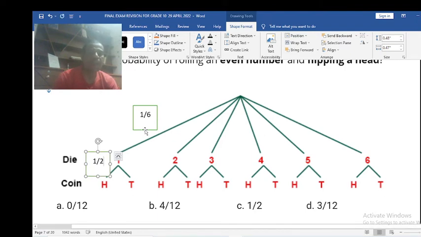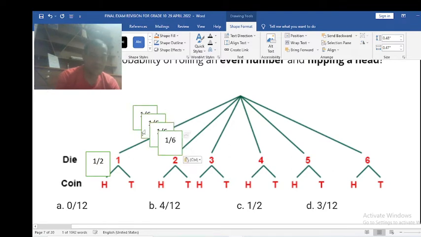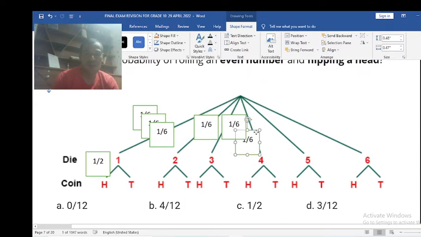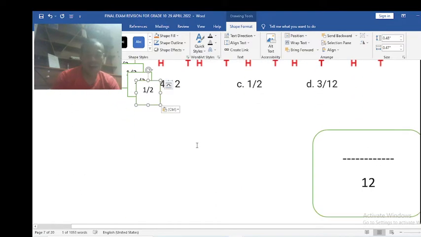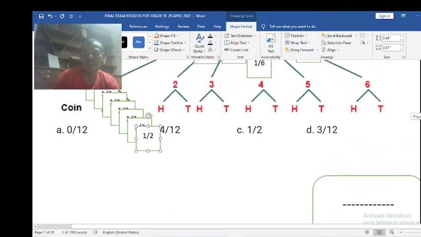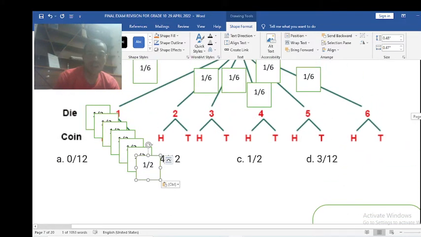For the second, this is 1/6, this is also 1/6, the probability of getting 4 is 1/6, the probability of getting 5 is 1/6, and the probability of getting 6 is 1/6. Then for the second one, the probability of getting a head is half, because they are equally likely to happen.